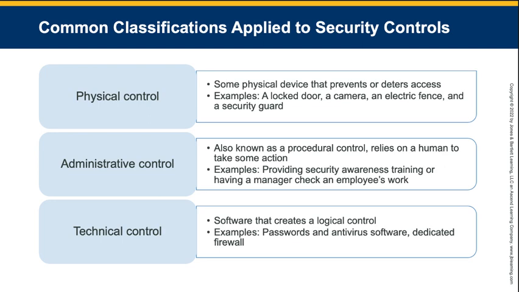Next, we have administrative control, where only certain users could access certain information and they are being managed. And lastly, we have technical control, which is quite commonly passwords, antivirus software, and firewalls. Those are some controls.